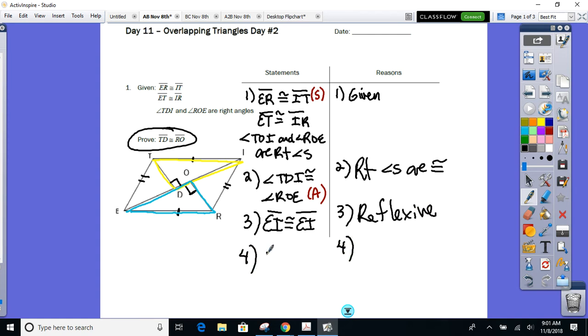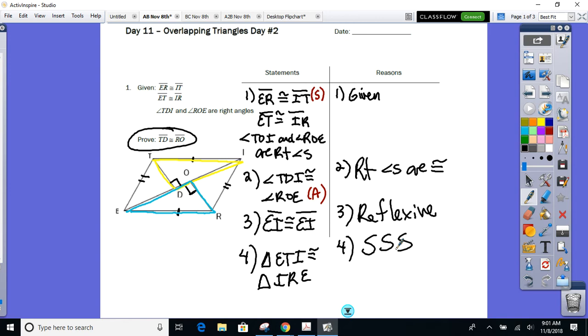Then you can say, yes, triangle ETI is congruent to triangle IRE. By what method? Why are those two bigger ones congruent? Side, side, side, and here comes the toughest part.